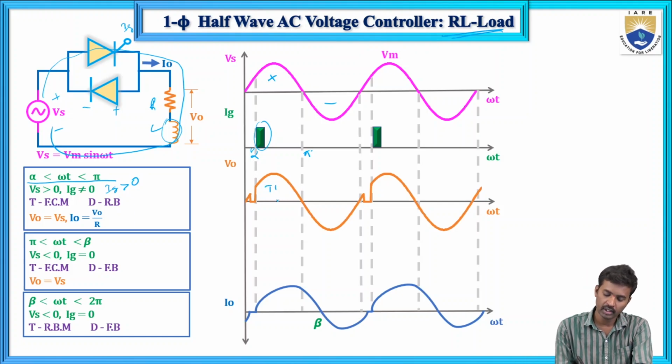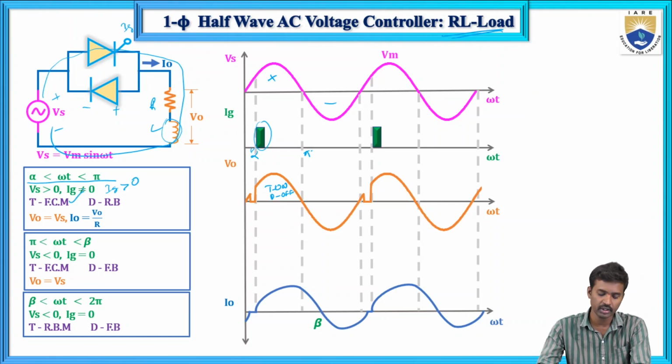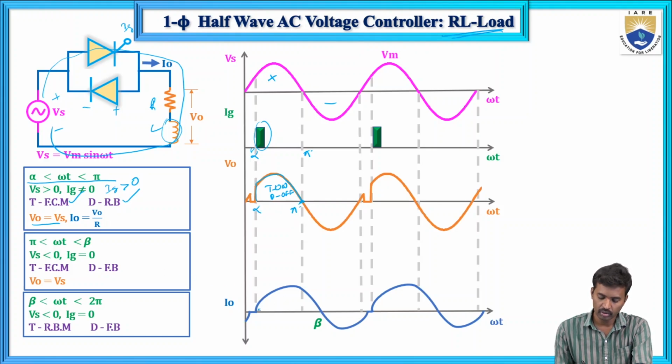So T1 is on and D is off. The thyristor is in forward conducting mode, the diode is in reverse biased mode, and the output will follow the supply voltage from alpha to pi. It reaches the maximum value and again comes back, up to pi.